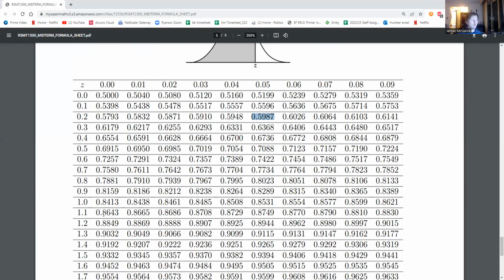My second lookup is 1.50, and that should be here. 0.9332. So those are the two numbers that I get. I'll write those down on my whiteboard here.